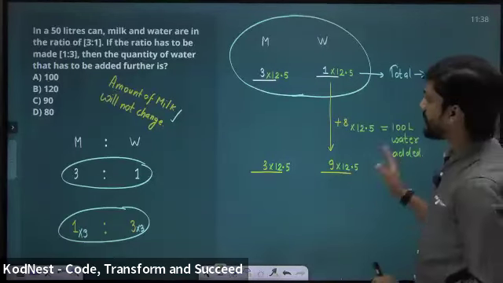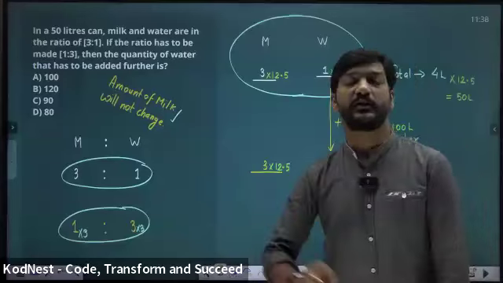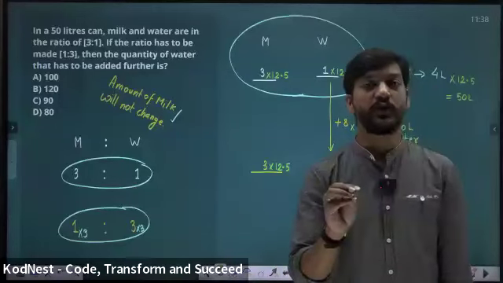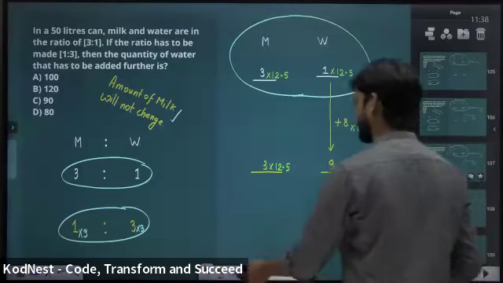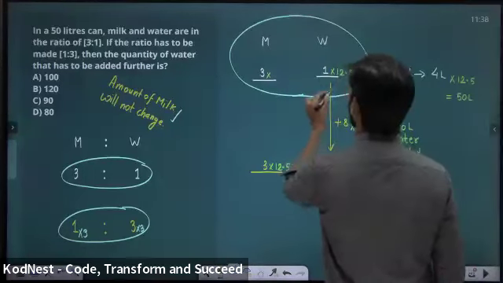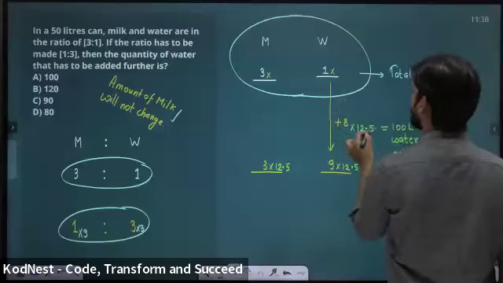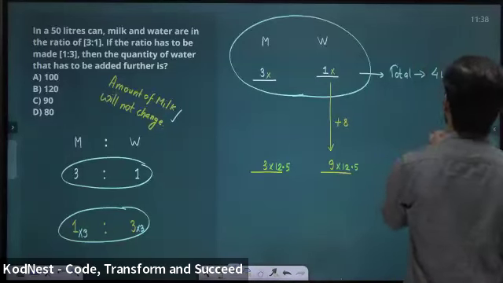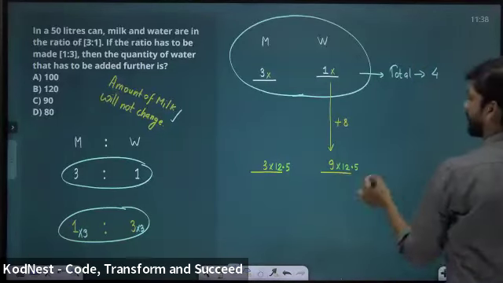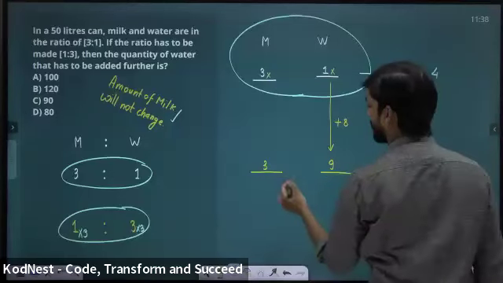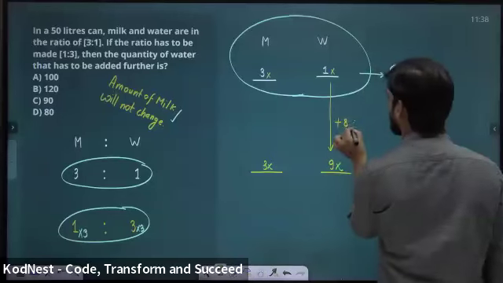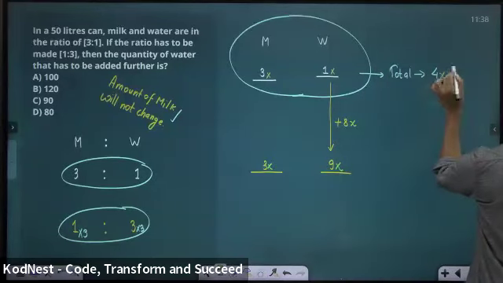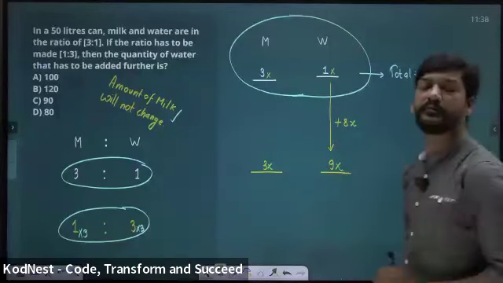All right. So this is directly, if you are able to think. Otherwise, if you want to take a variable, then take the variable this way. Take a variable and now see what is given.